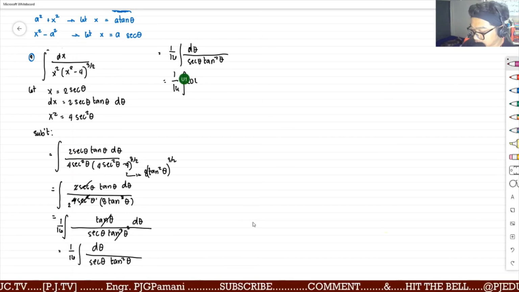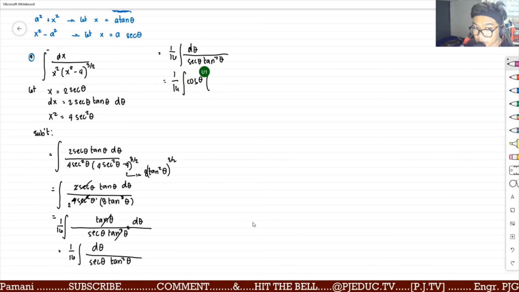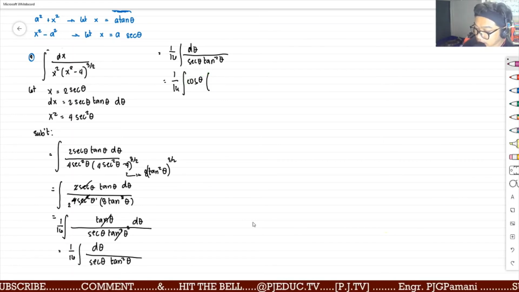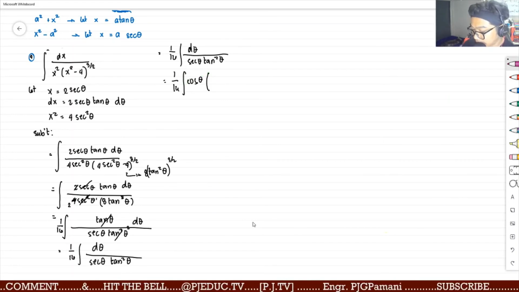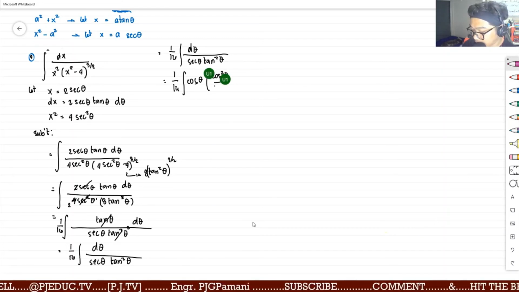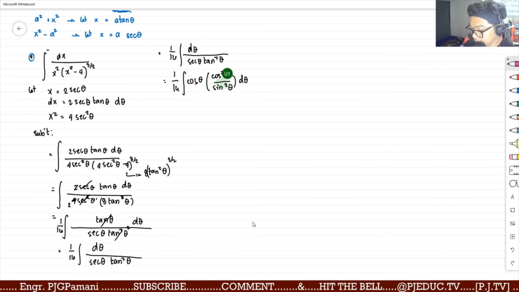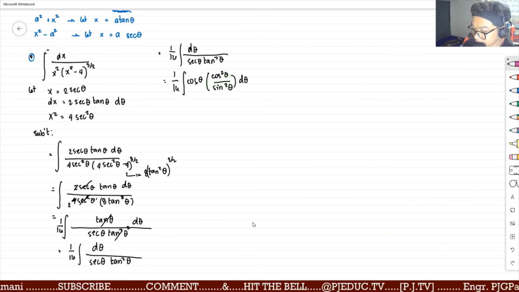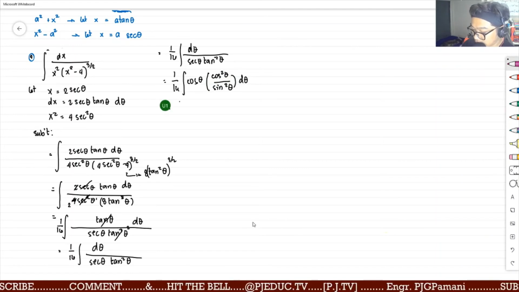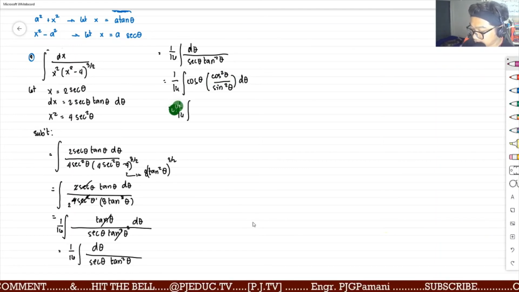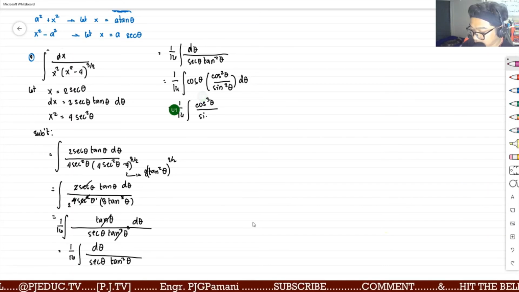So that is also cosine theta, while tangent squared theta, baliktarin lang natin yung exponent. That is cosine squared theta over sine squared theta d theta. Okay? Or distribute, 1/16 cosine cube theta over sine squared theta d theta.